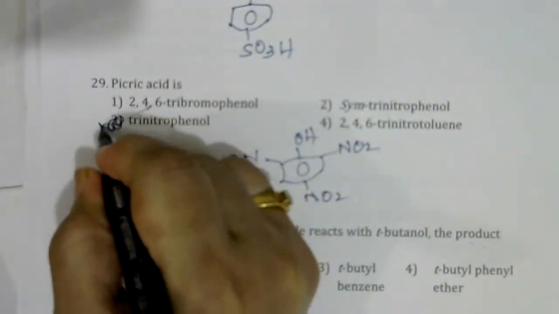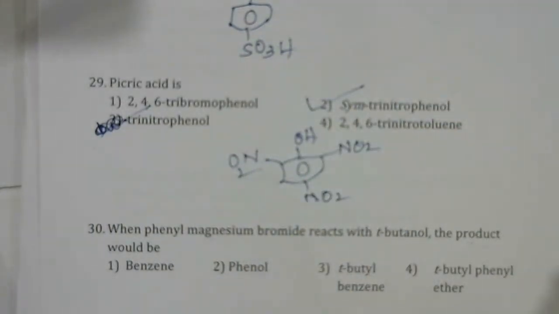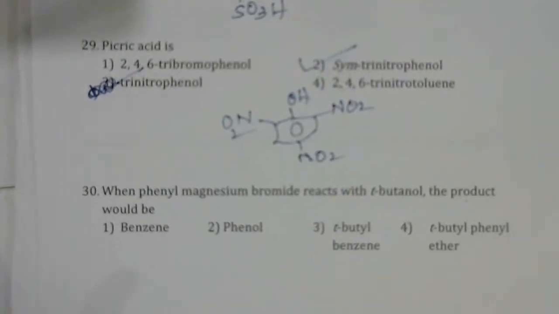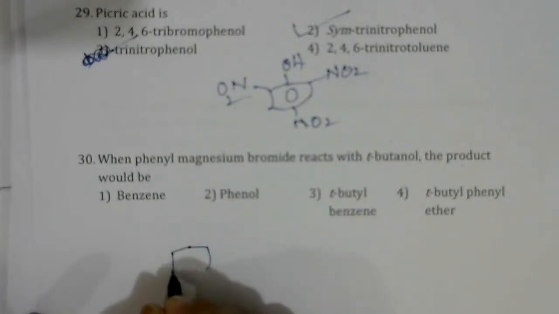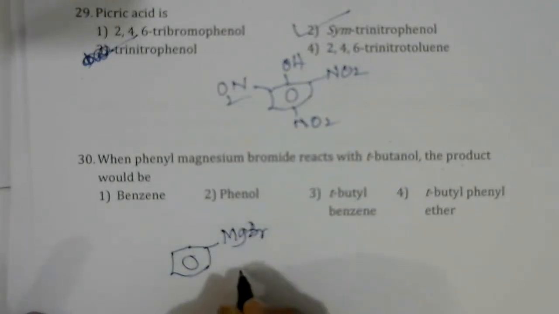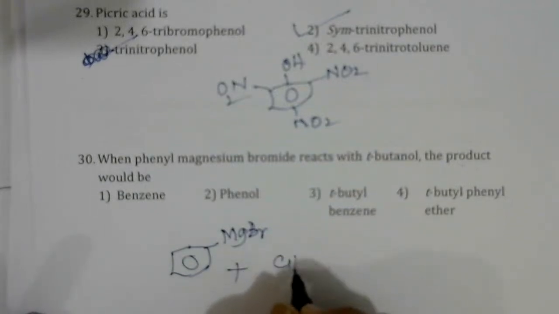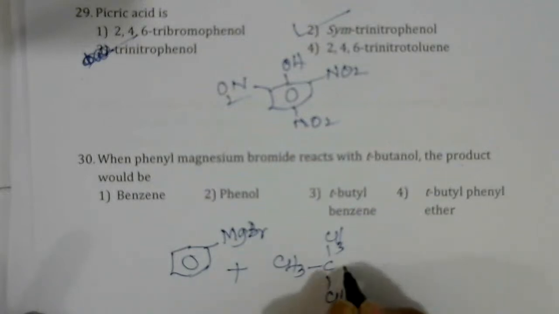Even they have given that also. That's why we can go with question number 29. We can go directly with this also, because they have given it with respect to symmetry. That's why I have changed. So when phenyl magnesium bromide reacts with tertiary butanol, this is tertiary butanol.